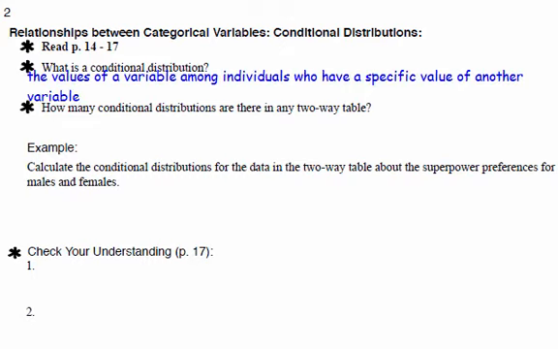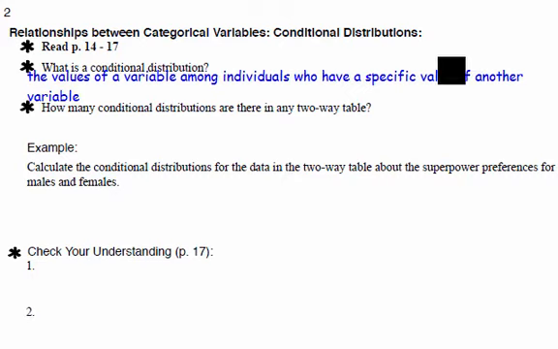So what is a conditional distribution? It's the values of a variable among individuals who have a specific value of another variable. So how many conditional distributions are there in a two-way table? Well, there's two sets of them, but it's 2 times the number of cells.